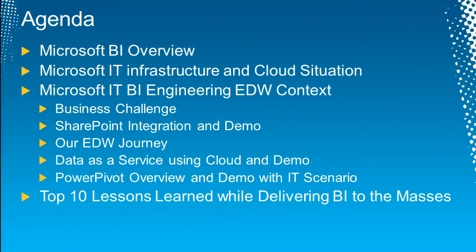We'll start with IT infrastructure, the cloud situation we have, and really the story of how, in 5 years or so, we started from scratch. How did we build the enterprise data warehouse, our BI reporting solution, and then how are we moving towards cloud? And we are going to share a story of this one application. We call it data services layer.